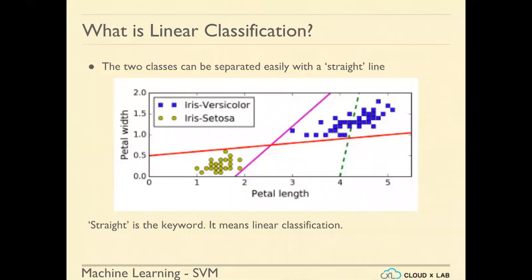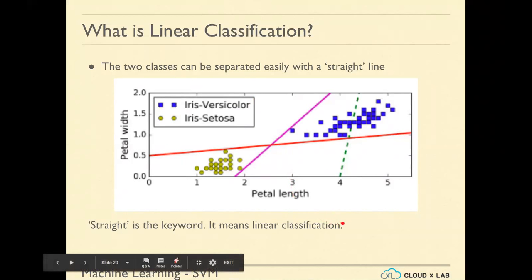So here, are we able to classify using a single straight line? Therefore, this is a linear classification. Okay, straight is a keyword here. It means linear classification.